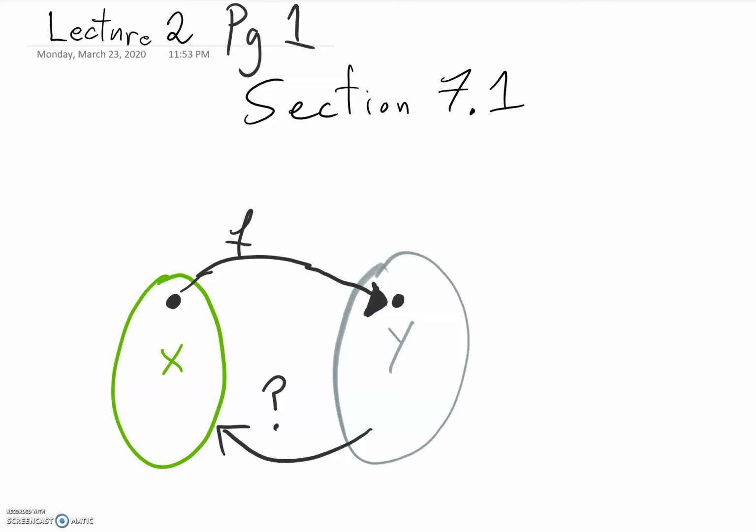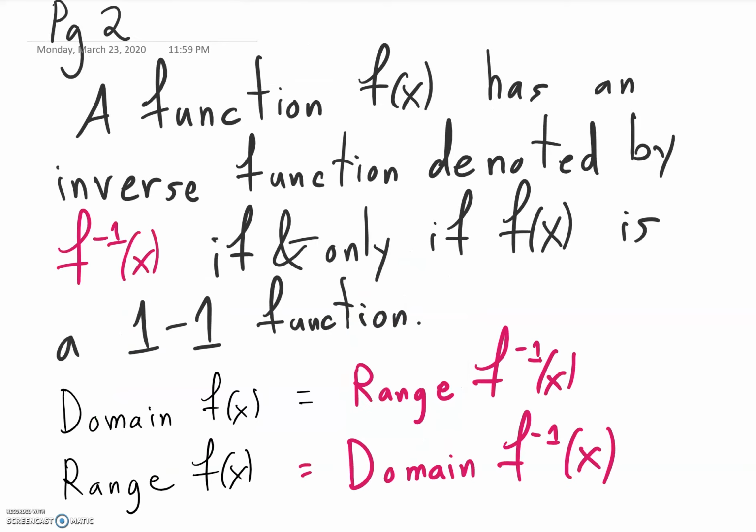Now let's talk about how they come up in trigonometry. First off, I need a condition here for when we have this map going backwards. You do not always have this map going backwards. A function f of x has an inverse function denoted by f to the negative 1 of x if and only if f of x is a one-to-one function. What exactly is a one-to-one function?